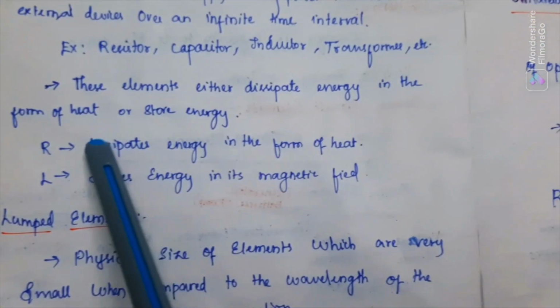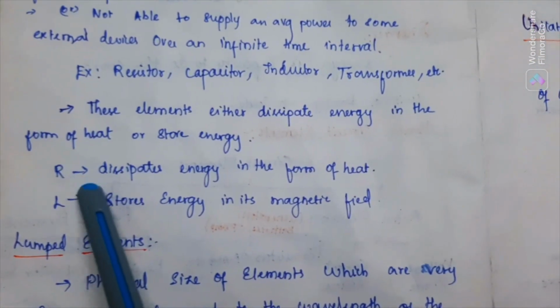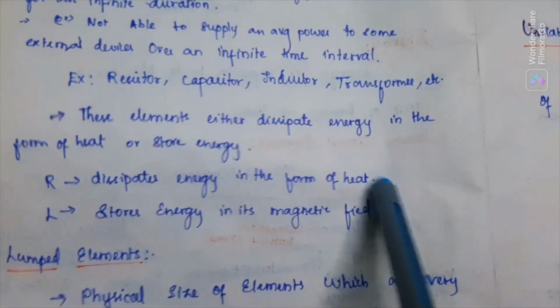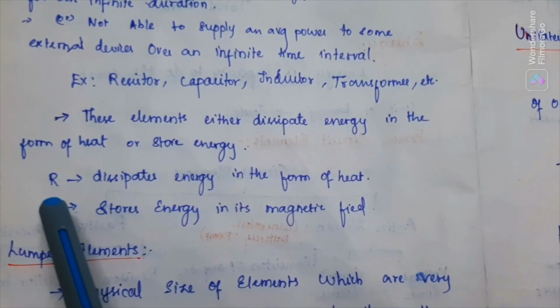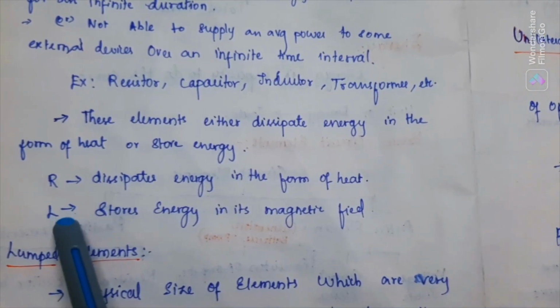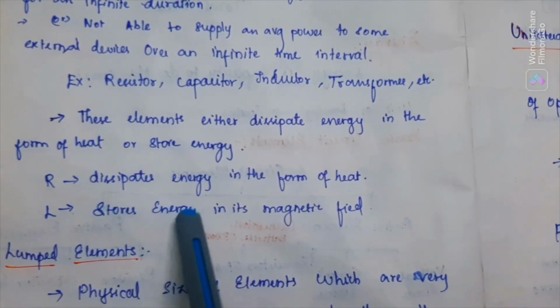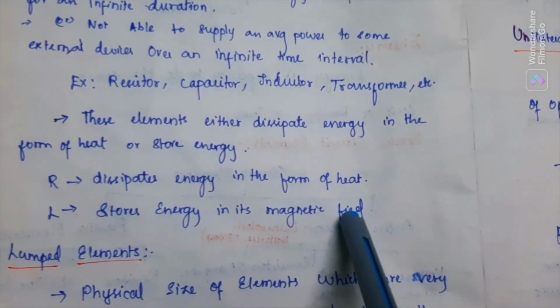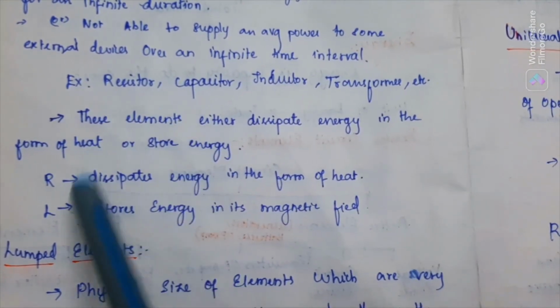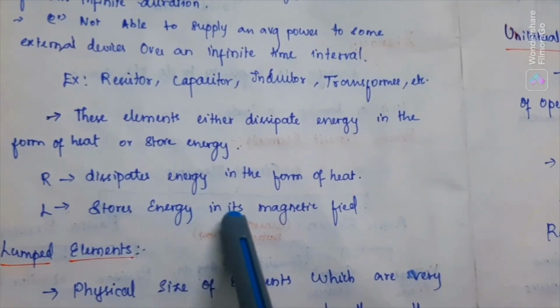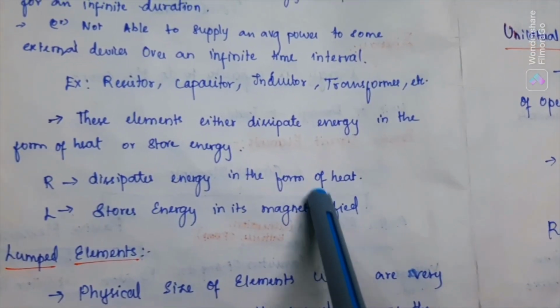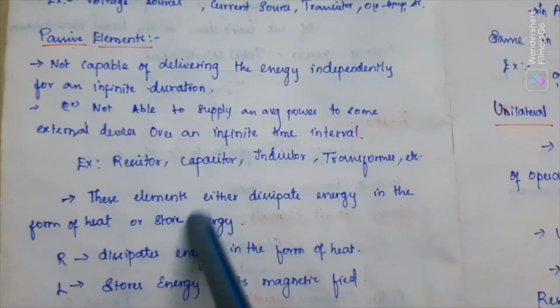Coming to the resistance, the function of a resistor is to dissipate energy in the form of heat. L means inductance. The function of inductance is to store energy in the form of magnetic field. Coming to the capacitor, it can store energy in the form of electric field. So these are all the functions of passive elements.